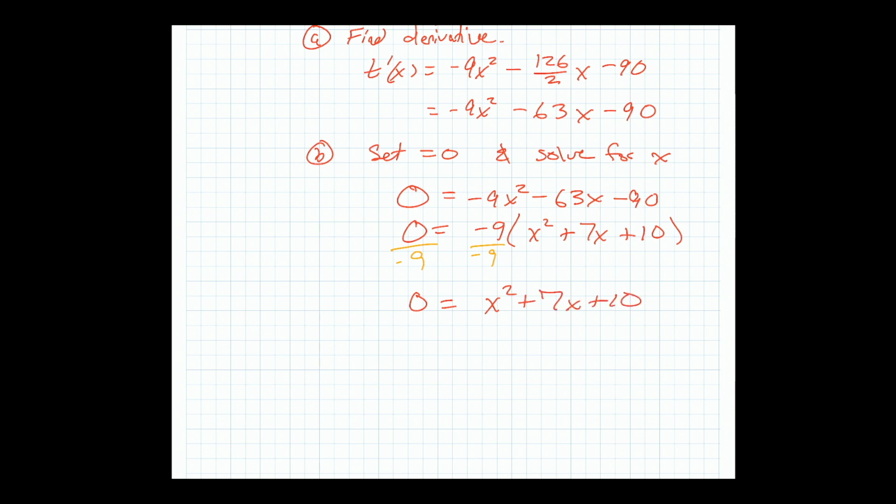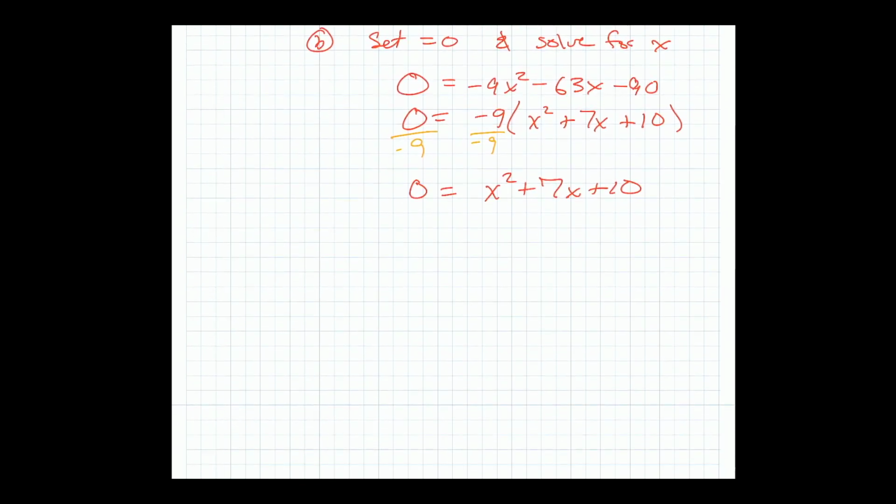Go ahead and use a calculator to help you with this if you want. It doesn't hurt. And then we're going to factor this, right? We're setting this equal to 0. So we're looking for numbers that multiply to 10 and add up to 7. And I think they are 5 and 2. And then from there, we know that you set each of these individually equal to 0.